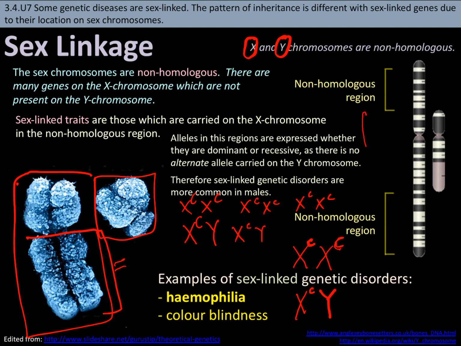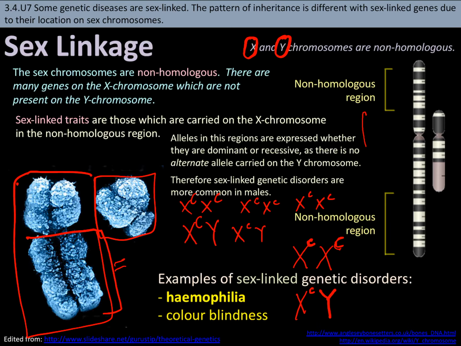If there is a capital C present in the father, the girl child has a 50% chance to get that capital C and be saved from the disease. But if it is a boy, the boy is going to get the Y chromosome from the father, and the Y chromosome doesn't have the allele. The section of the gene is missing on the Y chromosome, so the boy will be 100% affected if the mother has given the small c.